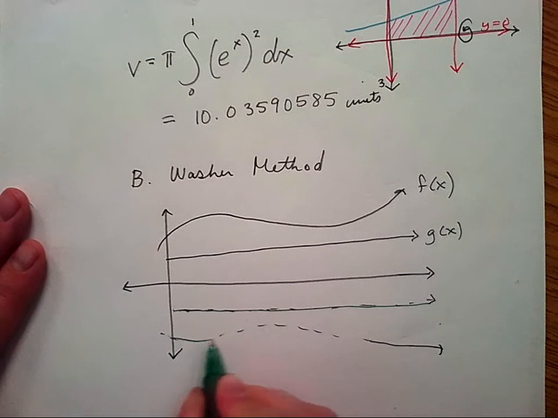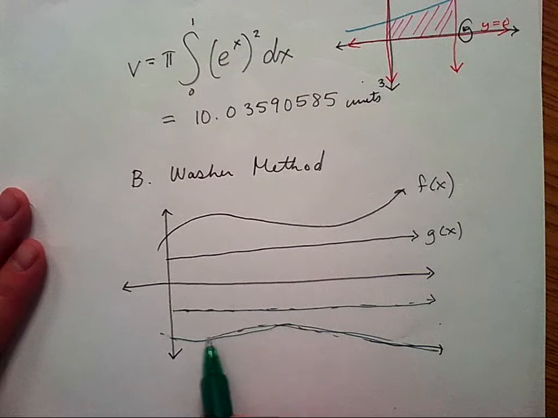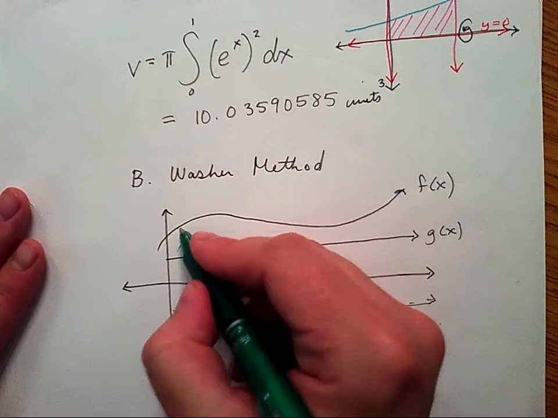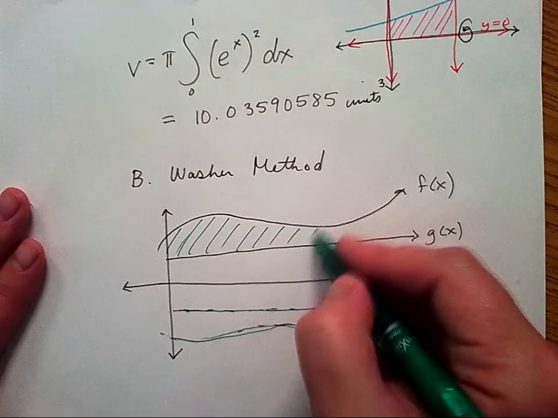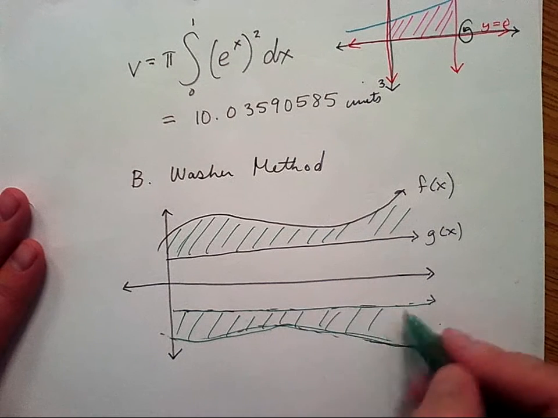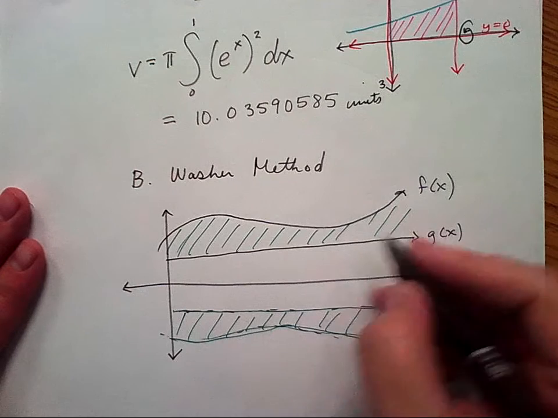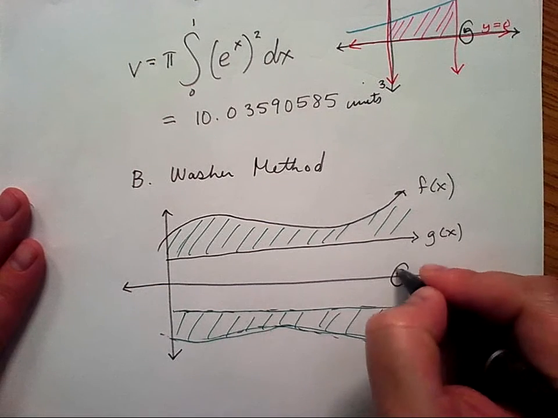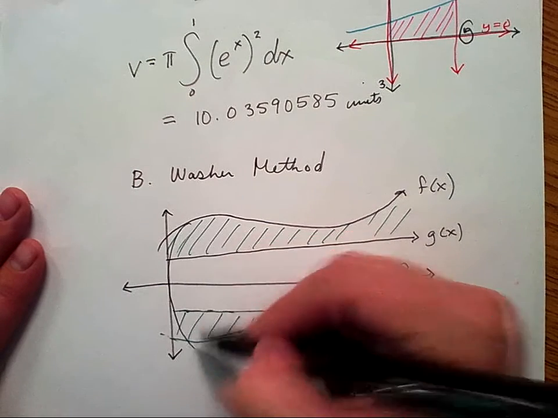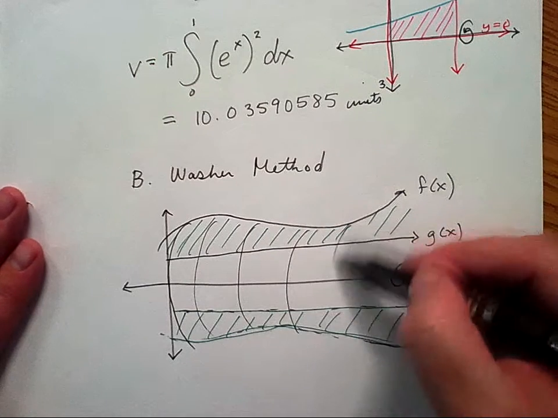This is your G, and this is your F, right? So I'm rotating this around the x-axis. Yep, rotating it around the x-axis. And I have some sort of a 3D kind of thing again, right?